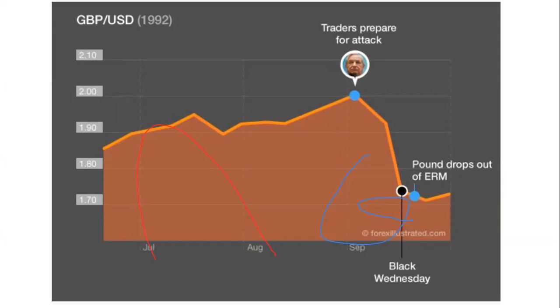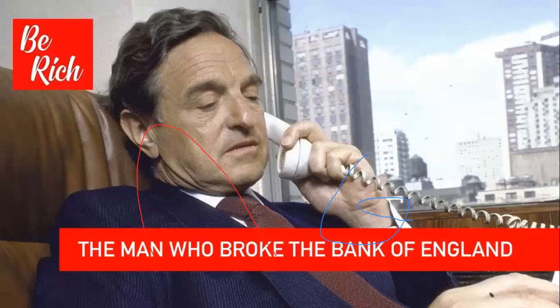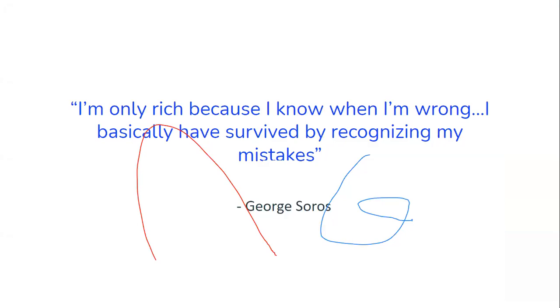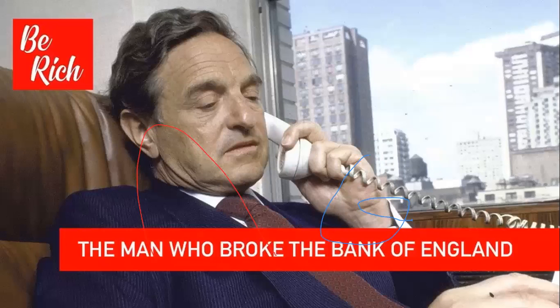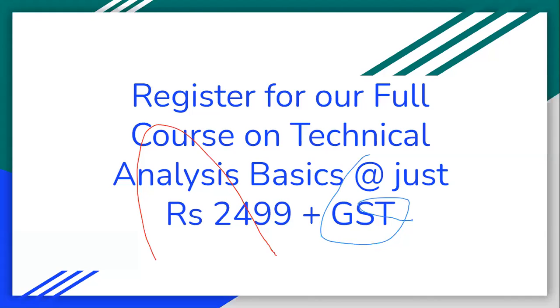So this man was so great, and he says that I'm only rich because I know when I'm wrong, and I've survived by recognizing my mistakes. So if the man who broke the Bank of England follows strict stop losses, then we should also follow strict stop losses in all candlestick patterns.